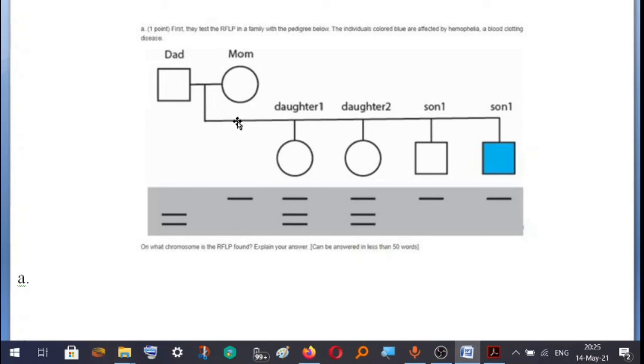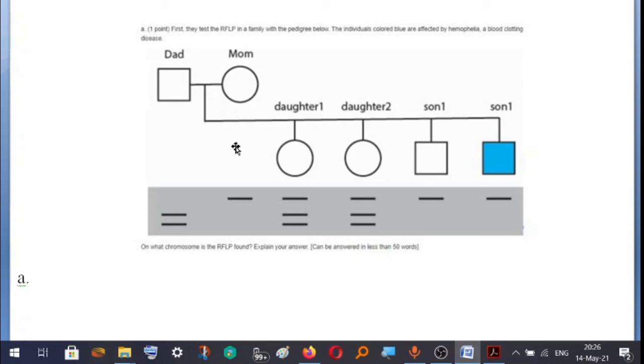This shows that the mother is homozygous for the SNP marker. In other words, both the X chromosomes of the mother, or both the homologous chromosomes of the mother will carry the SNP. Now in this question we have to find which chromosome the SNP belongs to.